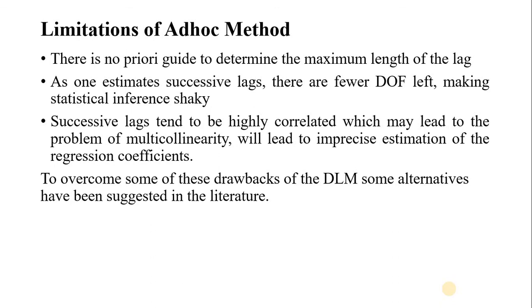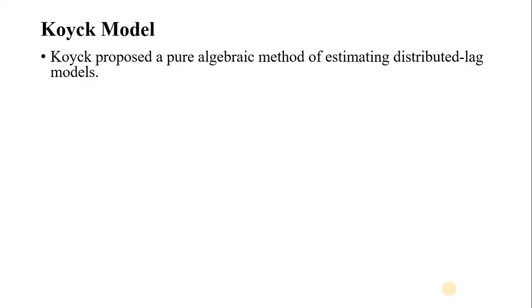The first and most important theoretical model is the Koyck model. Koyck proposed a pure algebraic, or pure mathematical, model to estimate a dynamic econometric model or distributed lag model.